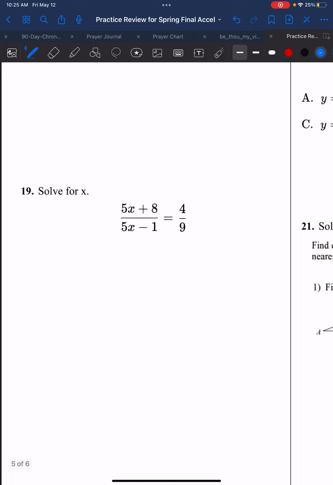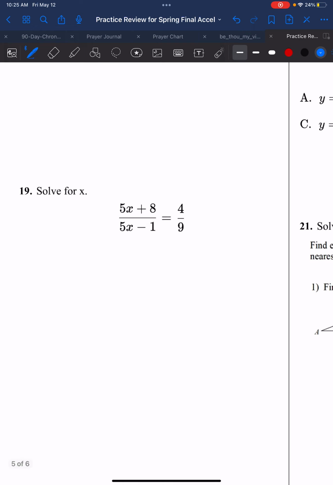Okay. And it says solve for x on this one. And anytime we have a proportion here, which means that I have a fraction on the left and right of the equal sign, what I'm going to be doing is my little cross multiplication or butterfly method, however you remember it. So I'm going to multiply those together. This is kind of like a crooked butterfly.